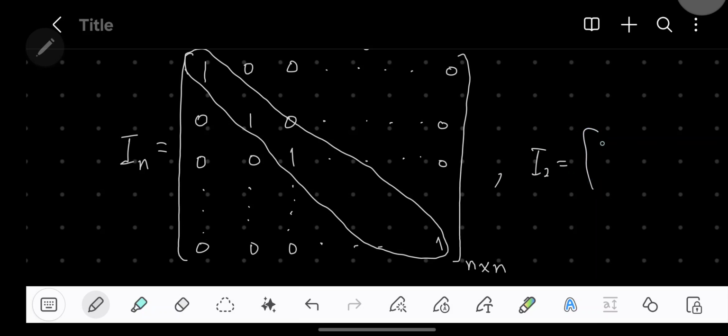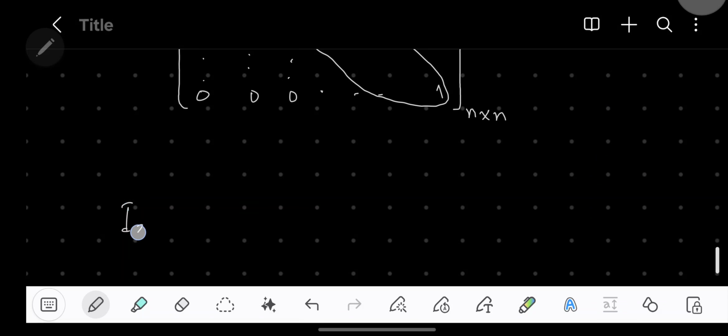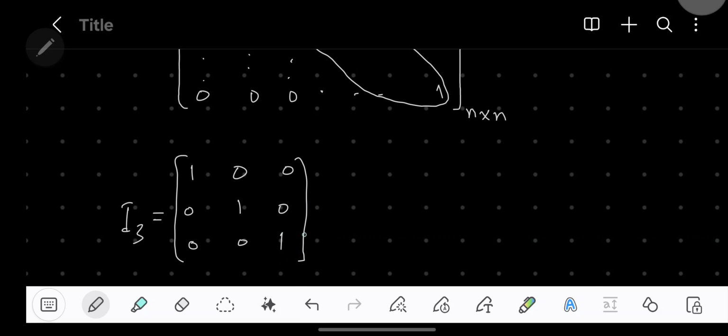I2 is 1, 0, 0, 1. You can check this is the main diagonal and the entries other than the main diagonal are 0. Similarly, if you want I3, you can write 1, 0, 0, 0, 1, 0, 0, 0, 1. Okay, the important thing is that you have to write all elements 1 in the main diagonal.